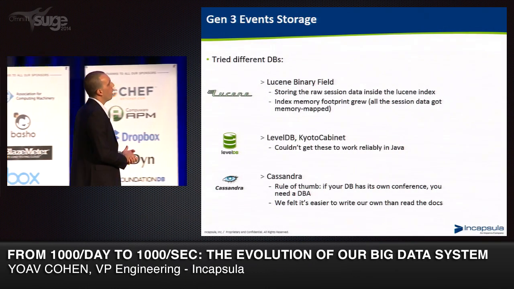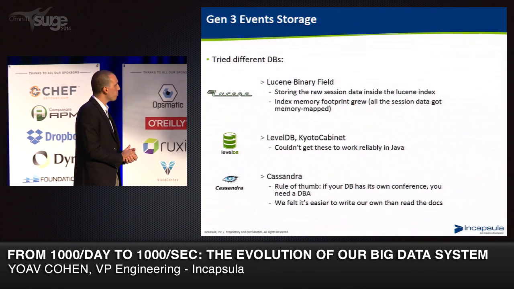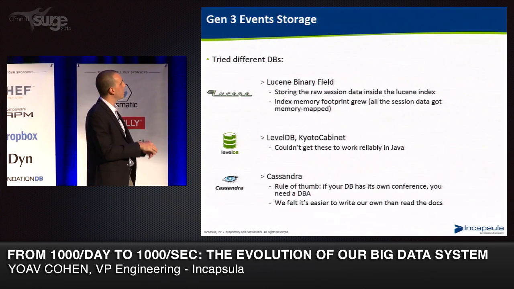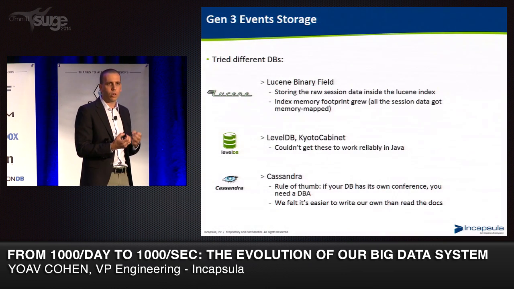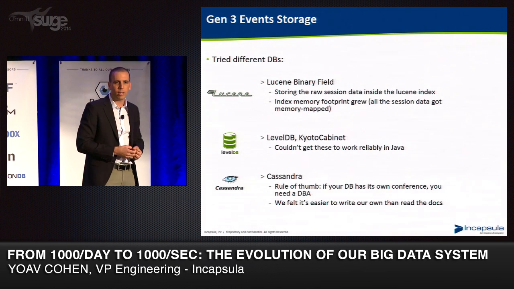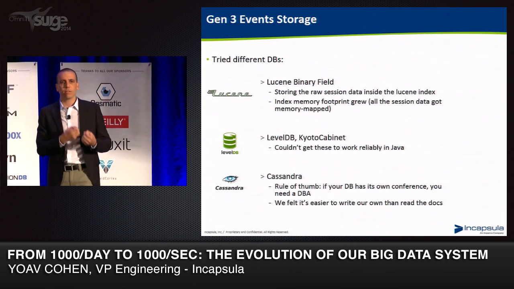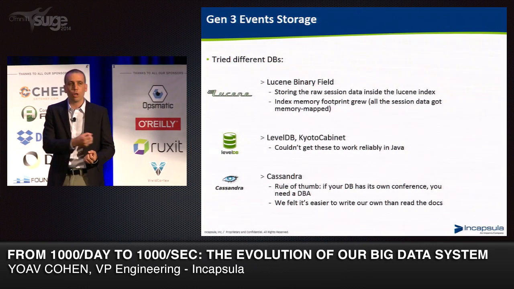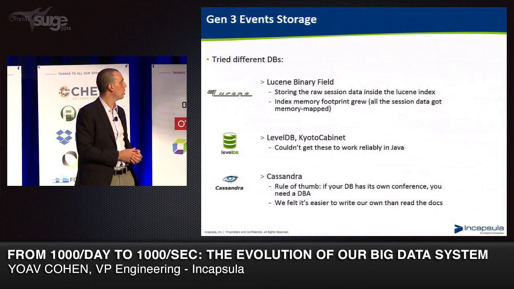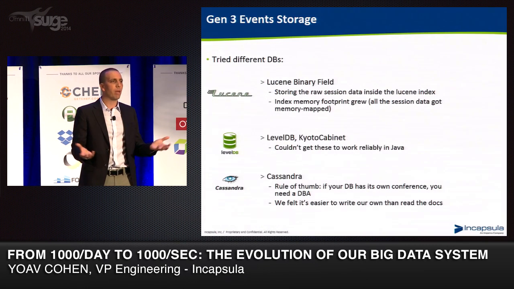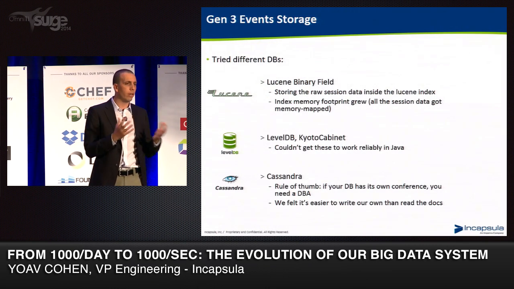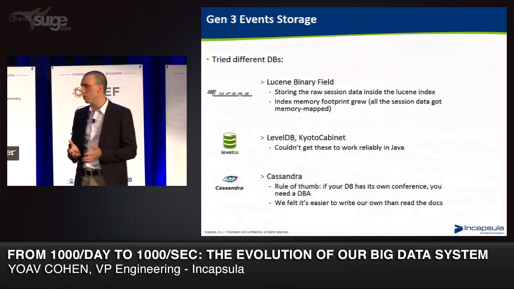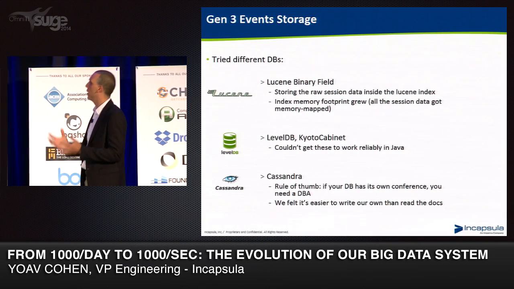And this didn't work out very well because the raw session data was mixed with the index data and some fields that we actually had to load while we do the search. And the whole thing got memory mapped, and it was very memory hungry, I would say.